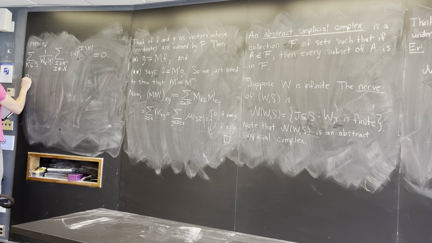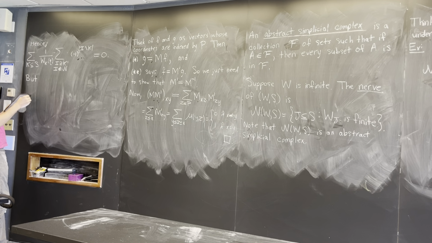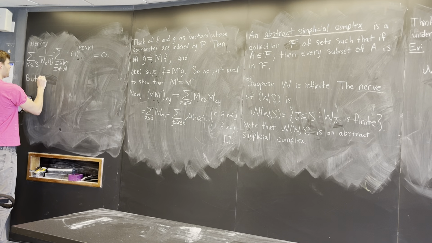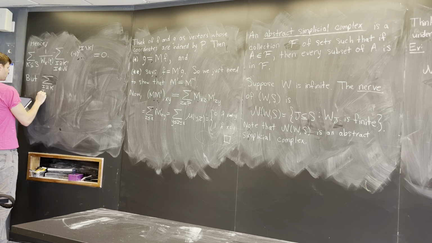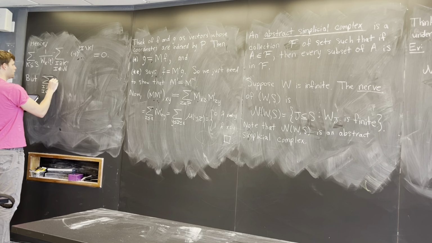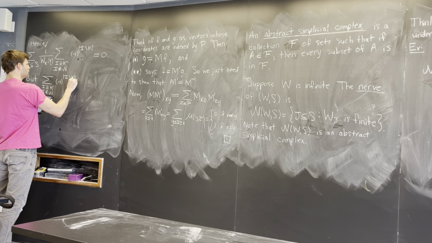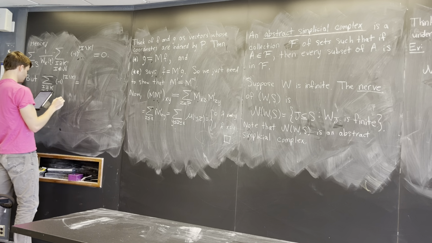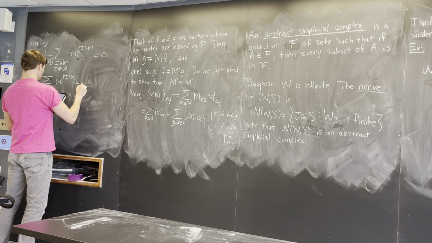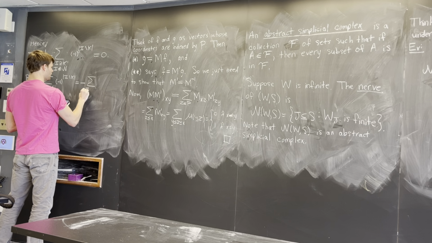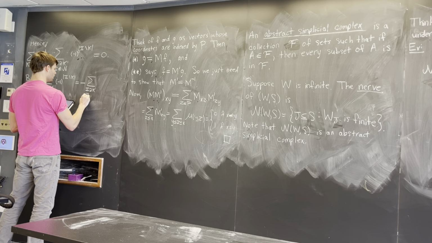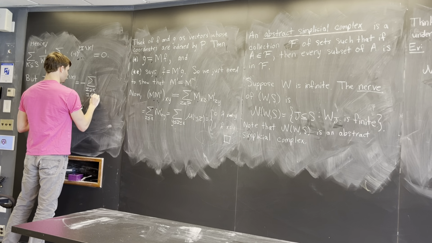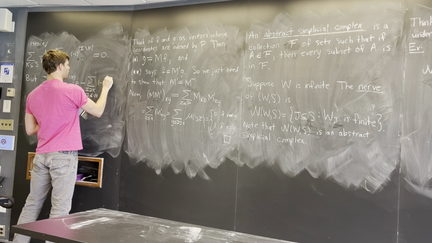Okay, but if I look at the sum here, sorry, the sum over I containing k and I not in the nerve of -1 to the size of I minus k, this is the negative of the sum over I containing k and I in the nerve of -1 to the size of I minus k.